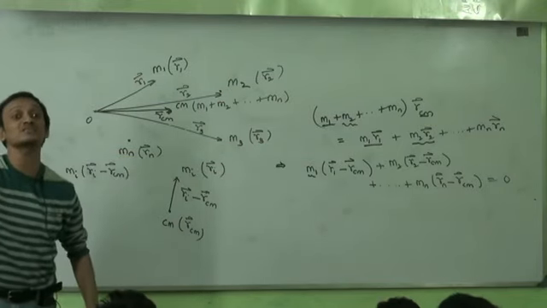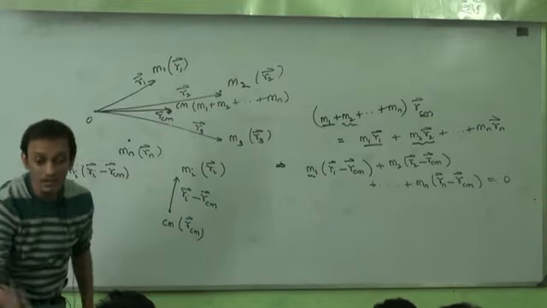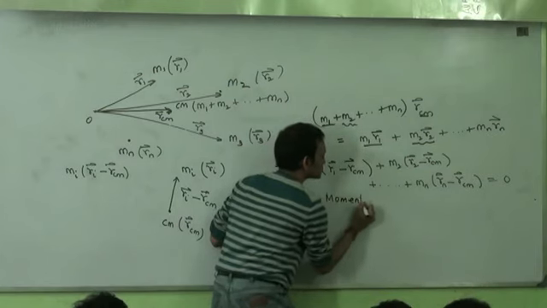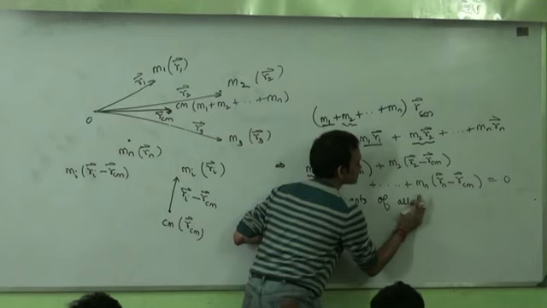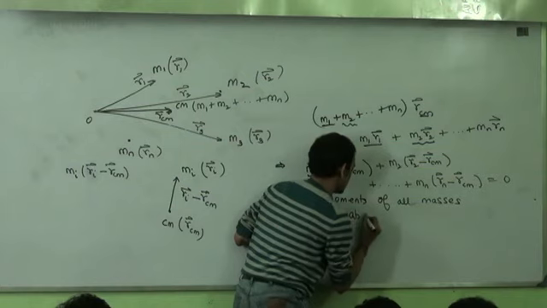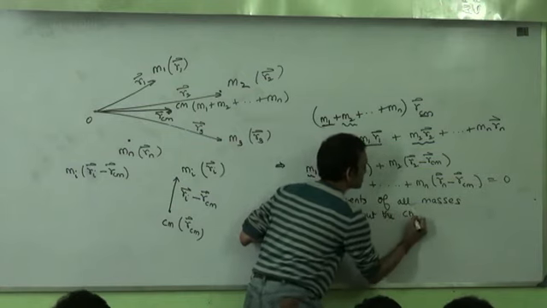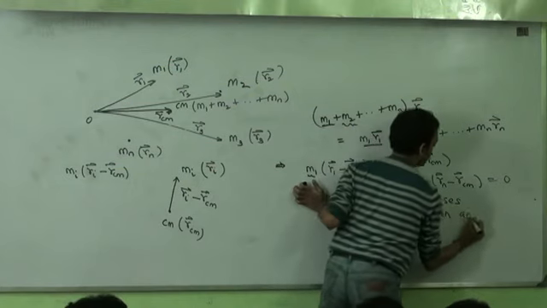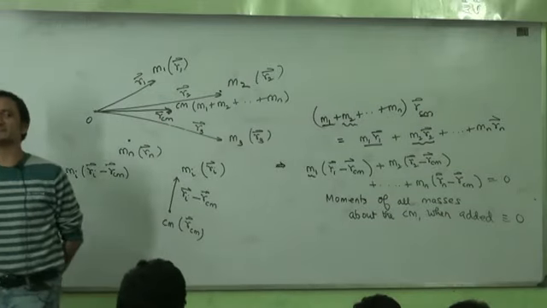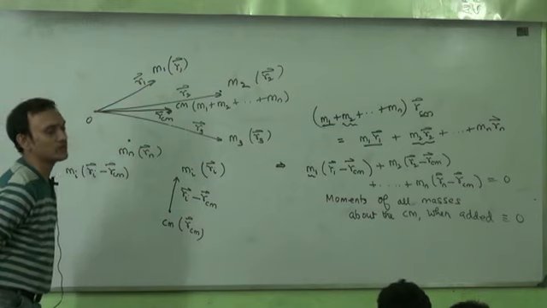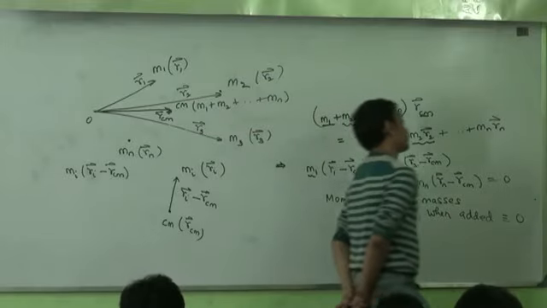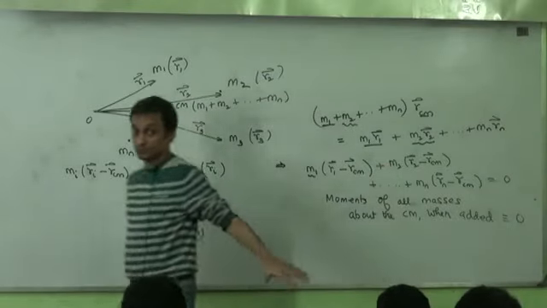The moments of all masses about the center of mass, when added, will turn out to be 0. The vector sum of the moments of all masses about the center of mass of that collection will always be 0. Now, in a one-dimensional scenario, you understand this concept, right?